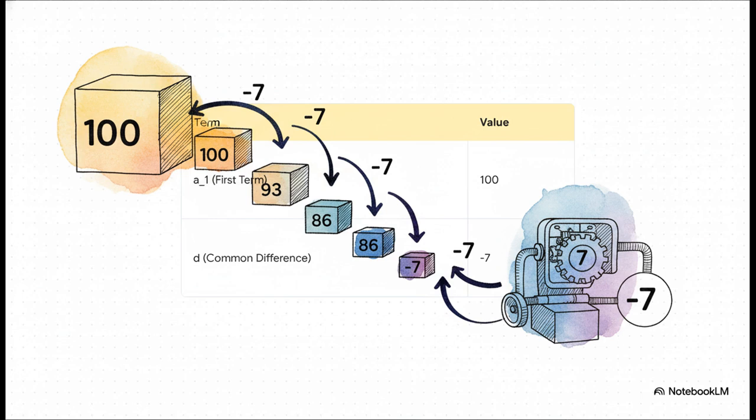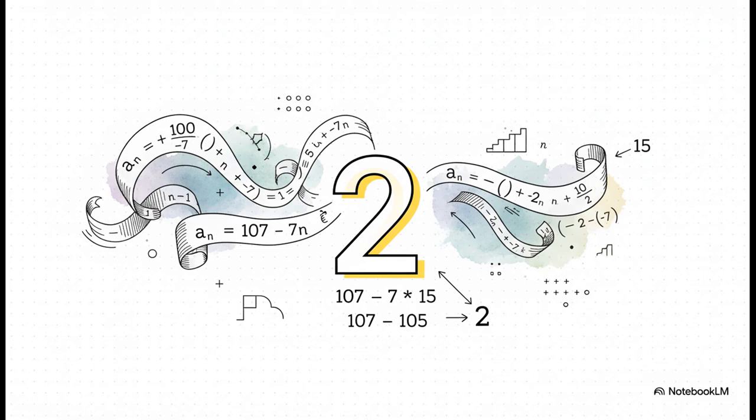We subtract 7. So our D is negative 7. So we build our formula, a sub n equals 100 plus negative 7 times n-1. After we simplify that, it becomes a sub n equals 107 minus 7n. Now we want to find the 15th term, so we plug in 15 for n. That's 107 minus 7 times 15, which is 107 minus 105. And the 15th term is just 2.